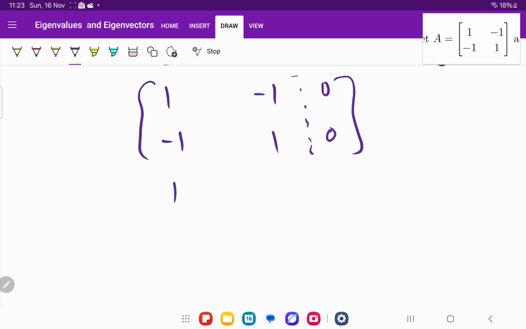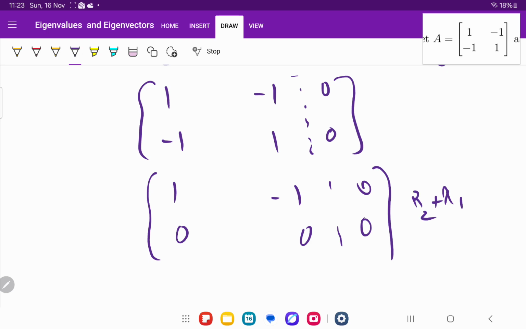1, minus 1, 0, 0. That is what we found by adding row 1 with row 2. 1 minus 1 is 0.